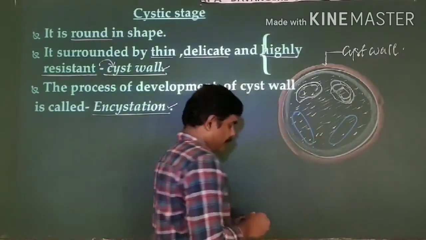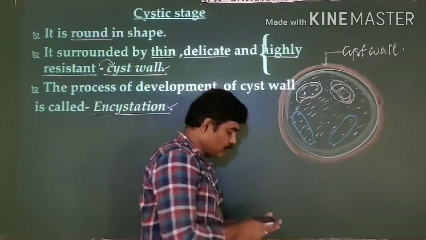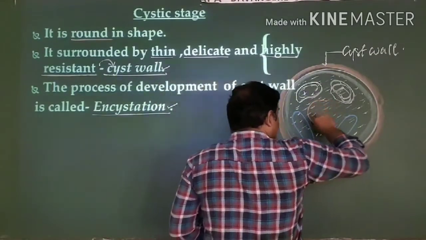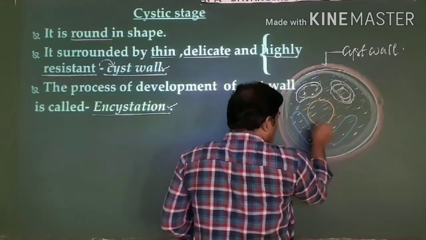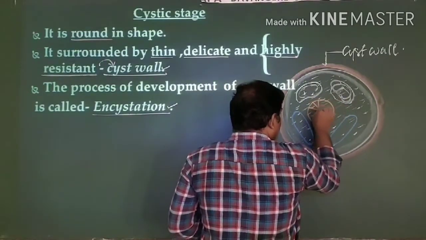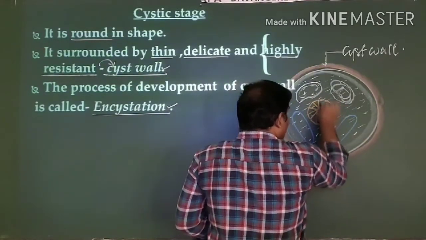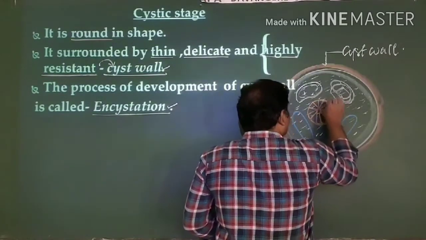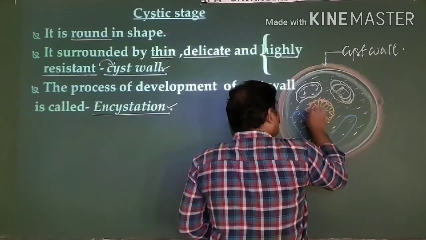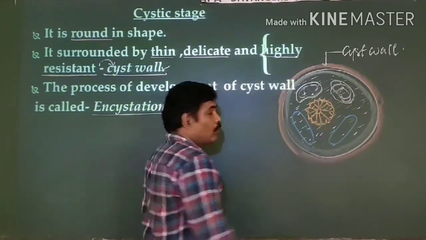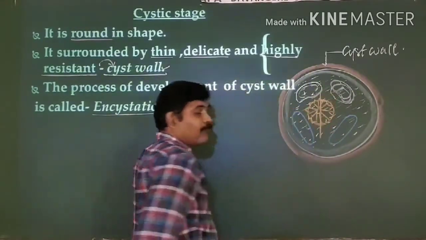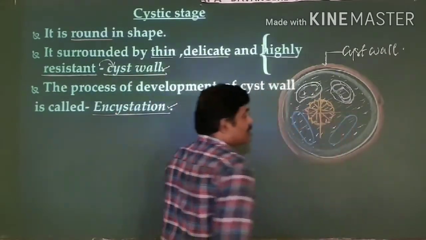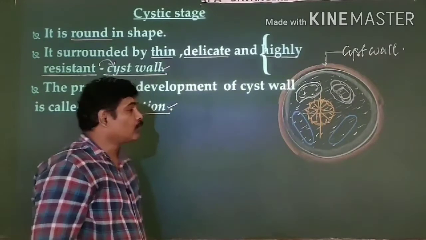Chromatoid bars. Then this is the stage at which you can see the nucleus is also present. A very important change takes place within the nucleus. Two divisions take place within the nucleus. One division results in the formation of two nuclei. The successive second division results in the formation of four nuclei.